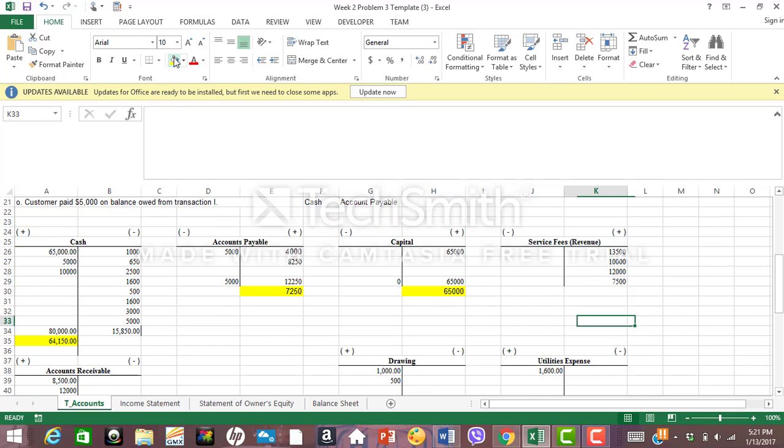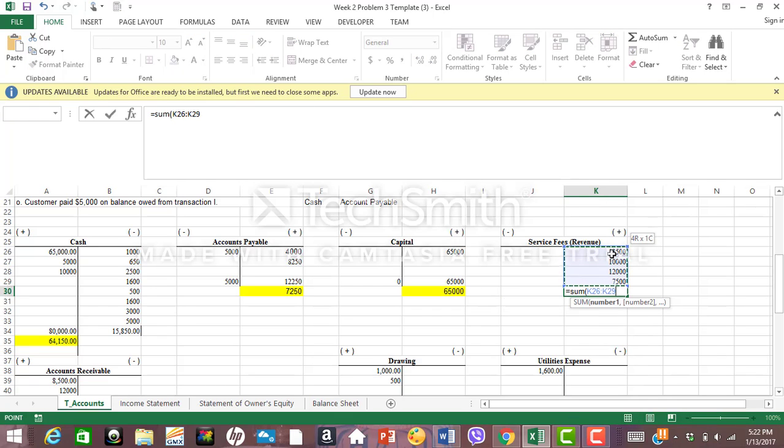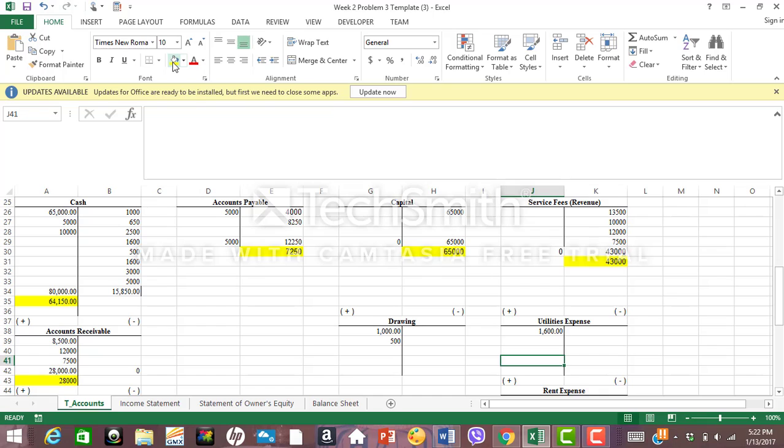And then we have our service revenues, which is the sum of this. We haven't had any returns, so technically your revenue would be this. And then utilities expense would be $1,600.